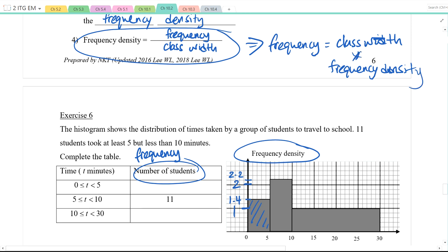Okay, so this is important. Frequency is the class width multiplied by the frequency density. It is just another way of writing the frequency density.